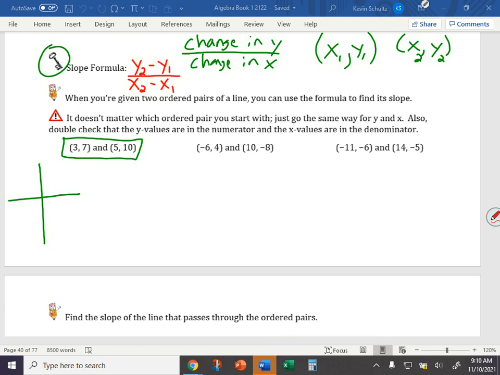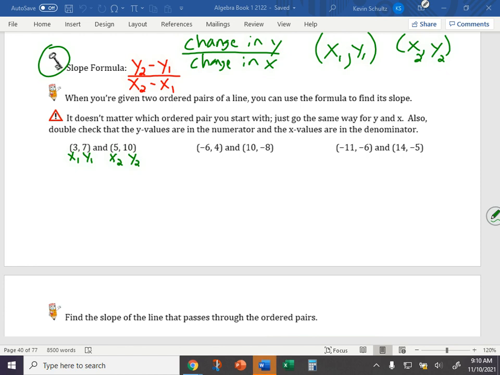So for 3, 7, and 5, 10, our two ordered pairs, I'm going to go ahead and label these. Here's my first x. Here's my first y. Here's my second x. And here's my second y. Two ordered pairs: first x, first y, second x, second y.